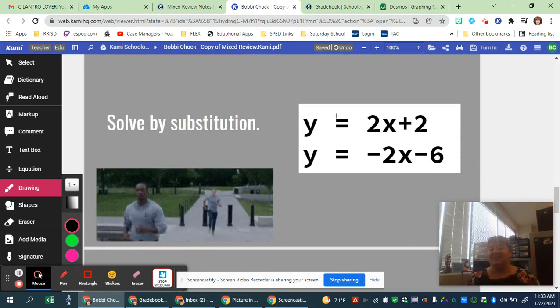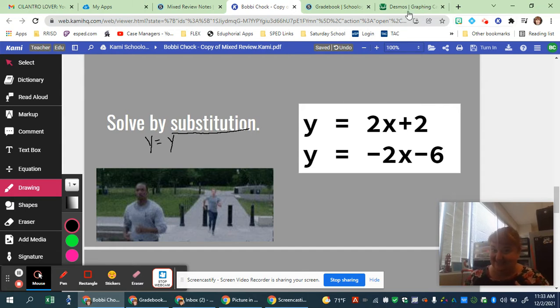Solve by substitution. Now again, this is already in y equals form. This is what we call the y equals y method because they're telling us to do substitution. Guys, it's already in y equals form. So to be honest, I'm just going to put y equals 2x plus 2, y equals negative 2x minus 6.